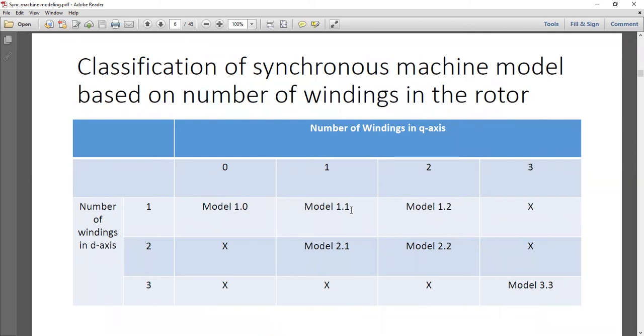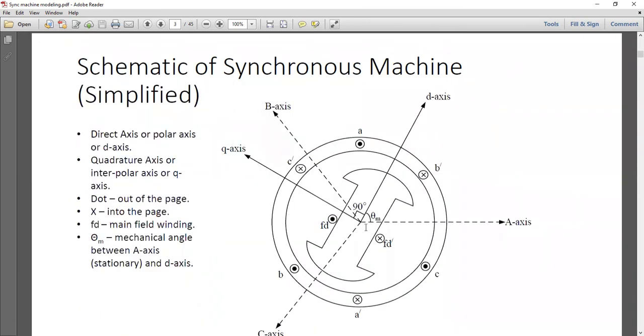What is 1.1? How will it look? Can anyone tell? 1.1 means one set of coil in the d-axis, and how many sets of coil in the q-axis? One set. So let's put one set of coil along this, put a dot here and a cross here, and say this is 1Q and this is 1Q dash.